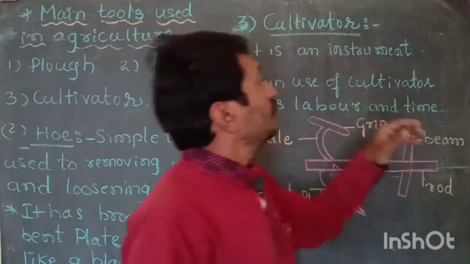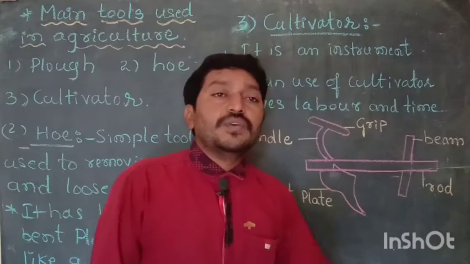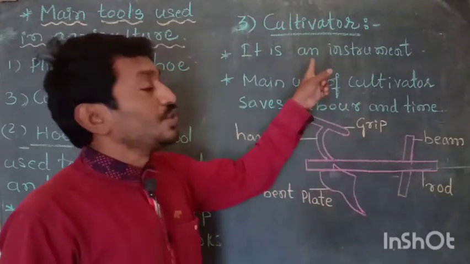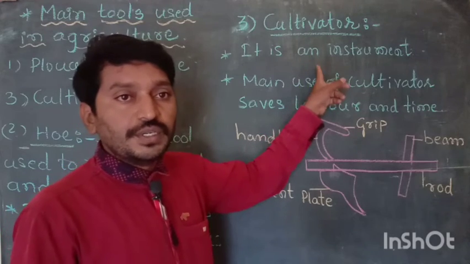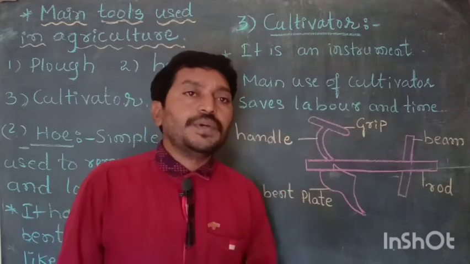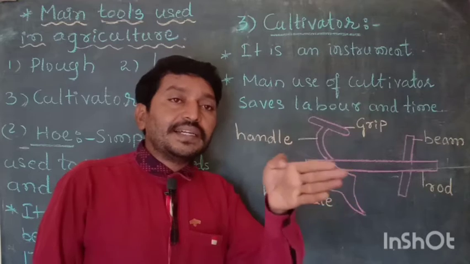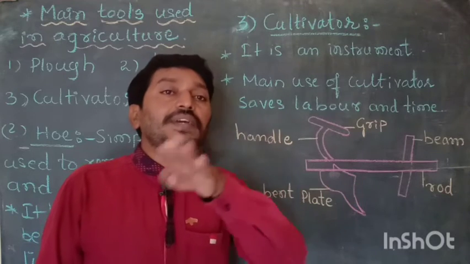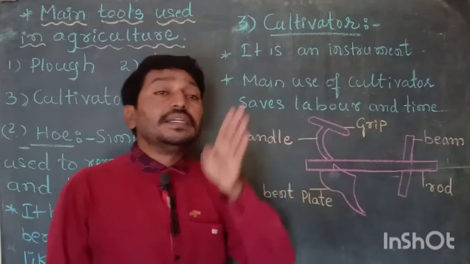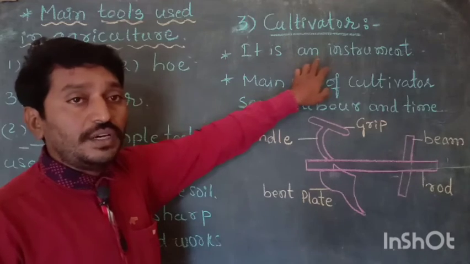And the third one is the cultivator. The cultivator is also a simple device or simple instrument which is used nowadays. The cultivator is very useful. Why? Because nowadays the tractor driven cultivator is used in the soil or in the field.